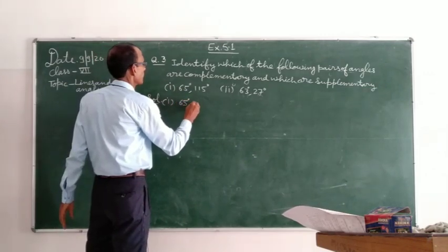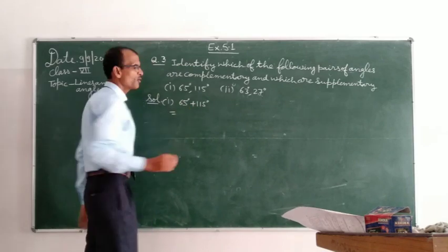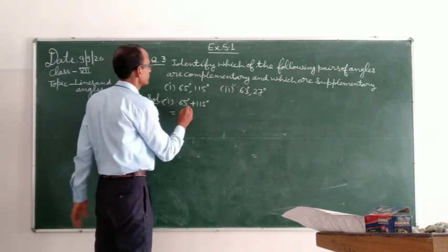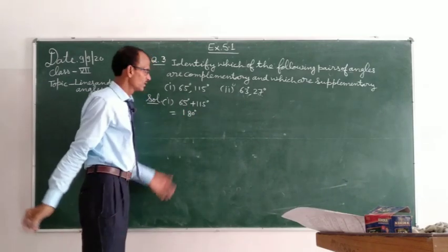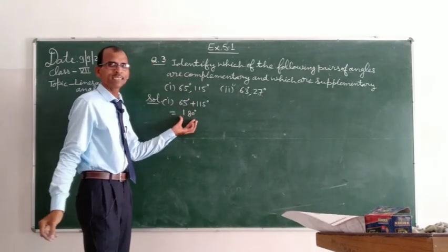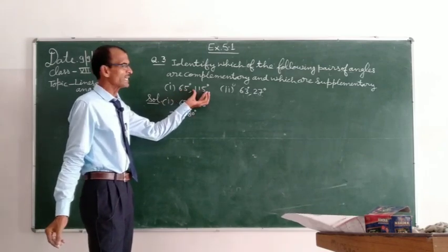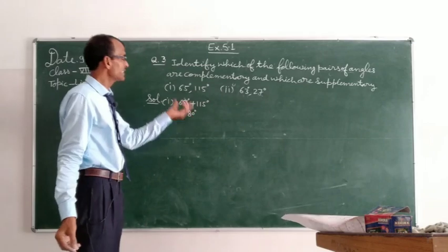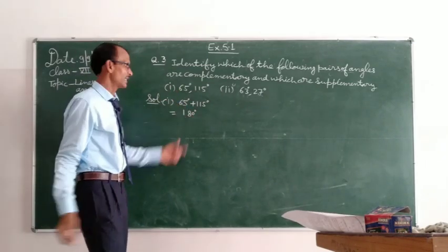65 plus 115 degree will be how much? We will add this. We get 180 degree. Sum of these two given angles is 180 degree. So 65 degree and 115 degree are which type of angles? These are supplementary angles.